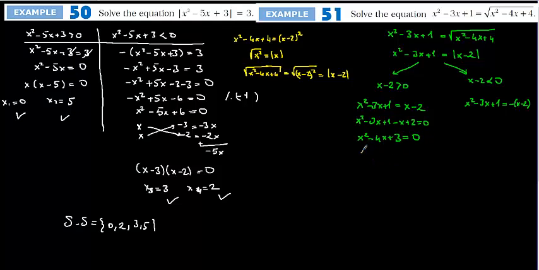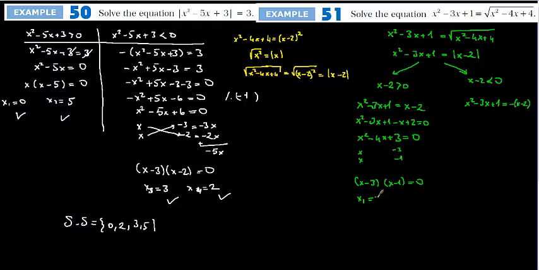Then x and x, minus 3 and minus 1: the sum is minus 4, the product is 3, so this factorization is true. The factors are (x minus 3) times (x minus 1) equal to 0.